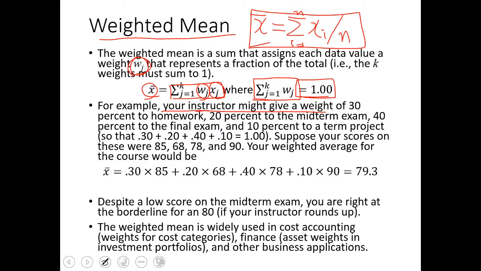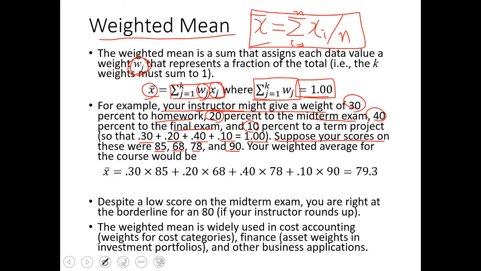So your instructor, Aaron Kim, might give the weight of 30% for homework, 20% for the midterm exam, 40% for the final exam, and 10% for the term project. Then 30%, 20%, 40%, and 10% will be 100%. And one of the students has obtained 85 points for the homework, 68 for the midterm, 78 for the final, and 90 for the term project.